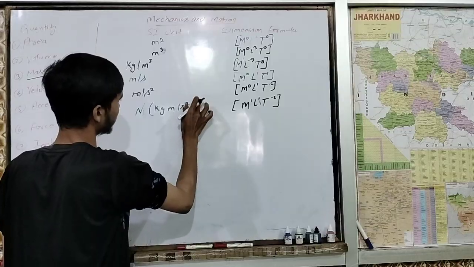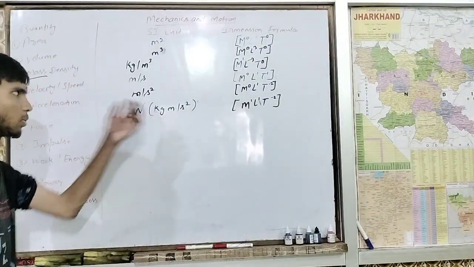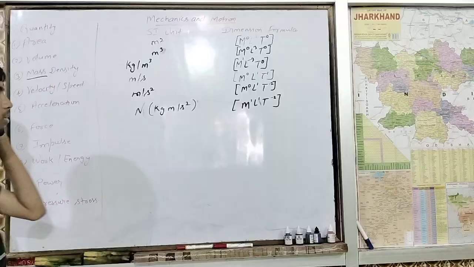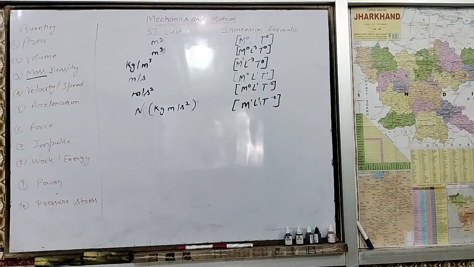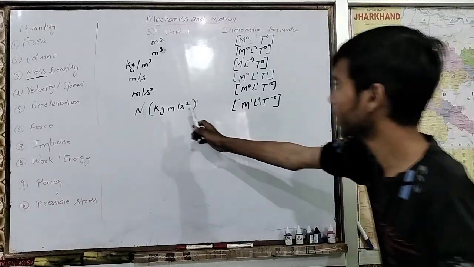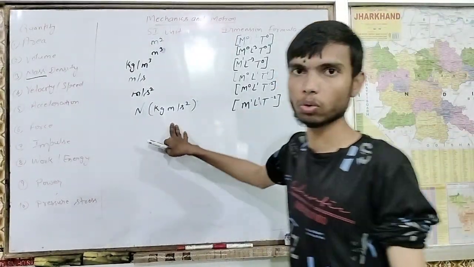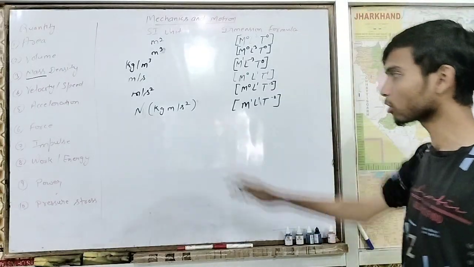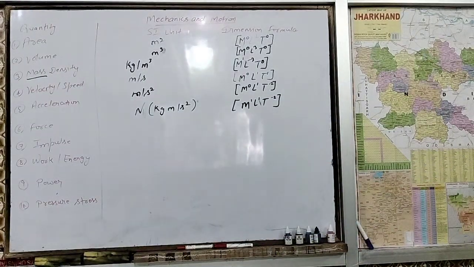That is what you are saying. Newton is the unit for force. Clear? I brought this with the help of this dimensional formula. I cannot say that this is wrong. No, this is right. I can confidently say this dimension is the evidence.